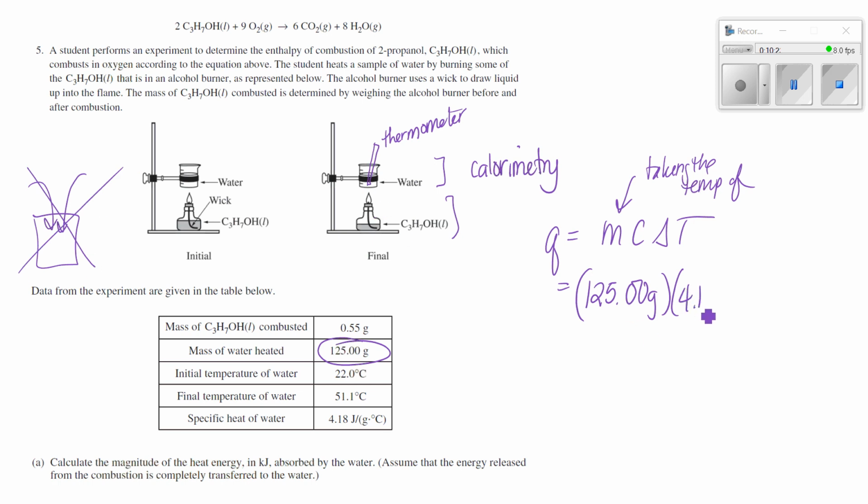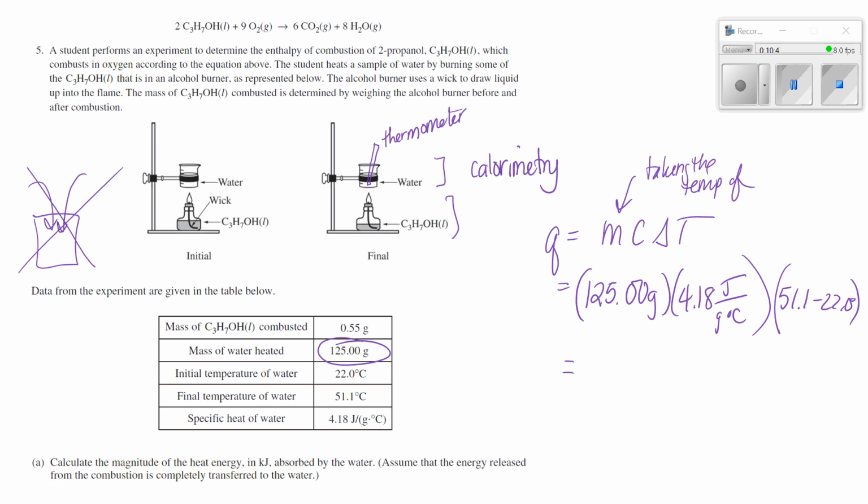And then the specific heat is given to us. And if you look at the temperature change, it's always good to stop and write down what the temperature change is there. In this case, this temperature change has 3 sig figs in it. But you can stop and check your sig figs with your temperature change.